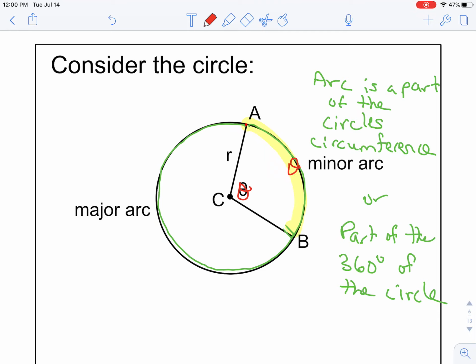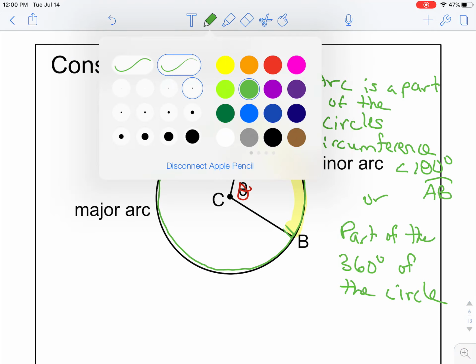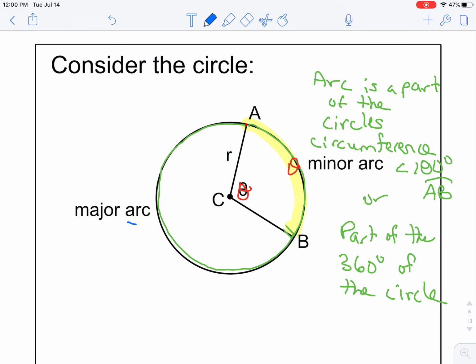of the circle. So before, we talked about that arc being the same in degrees as the central angle. And remember, minor arcs are less than 180 degrees and major arcs are greater than 180 degrees, and how you name them is different. So this minor arc would be arc AB.